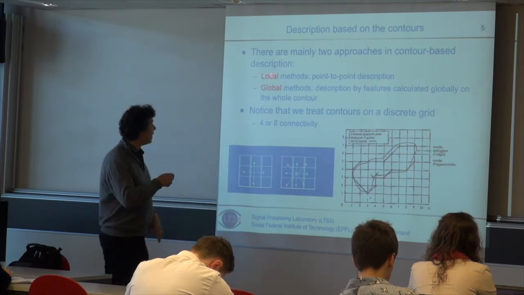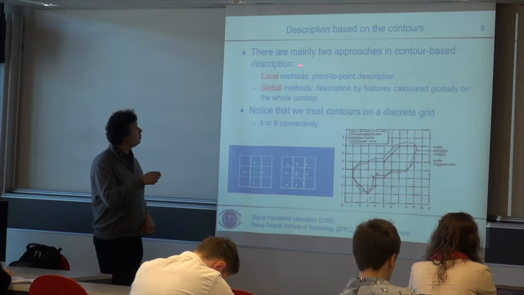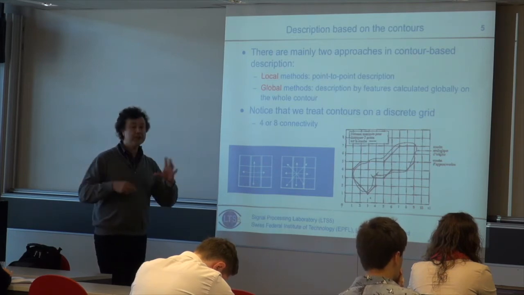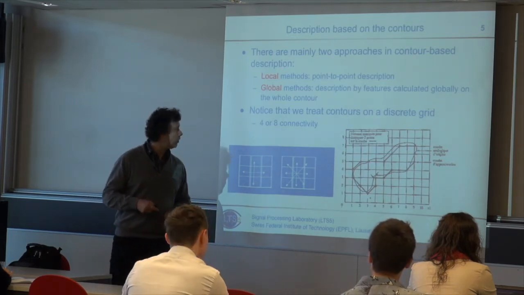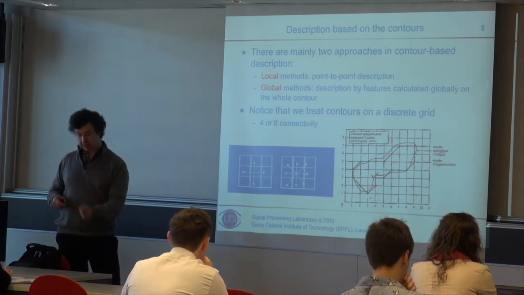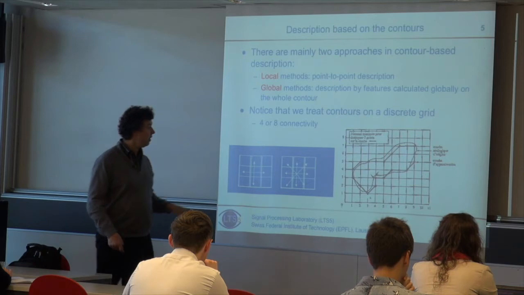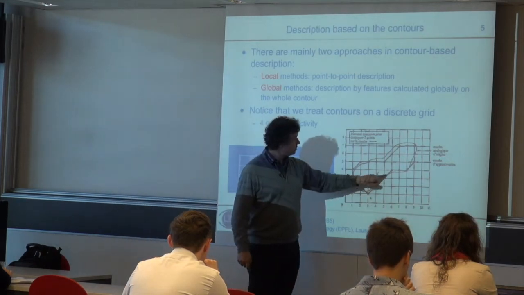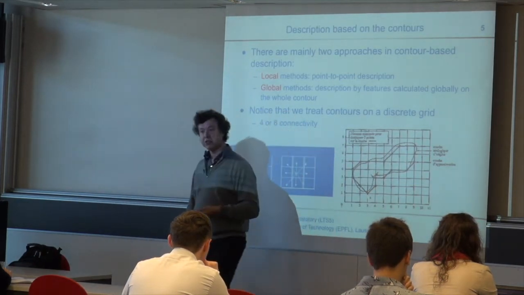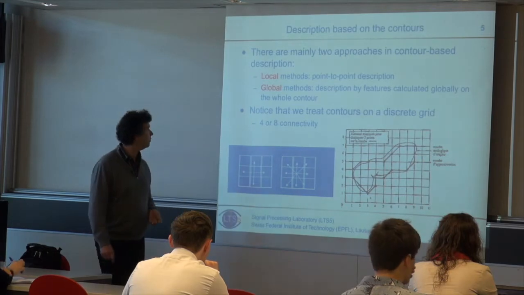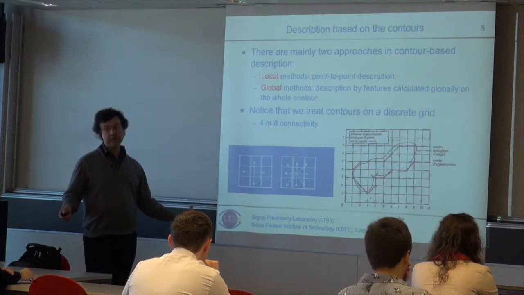Why not? Now, there is a series of things to say about what a contour is, but we describe it as a set of points that are ordered one after the other in a certain order. So this is the contour, the series of points that represent the boundary of the object. And we will use that.